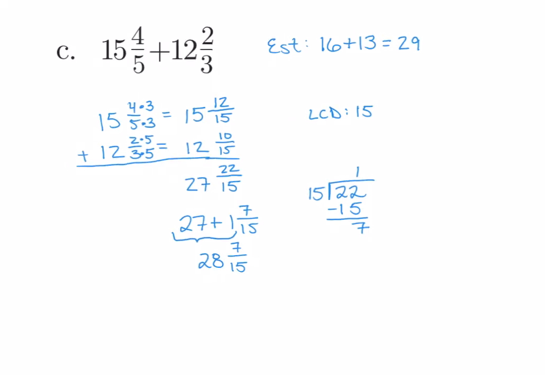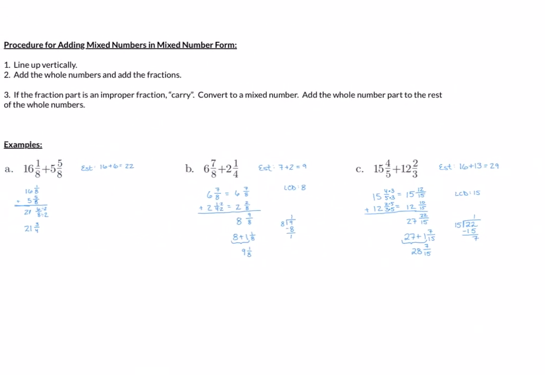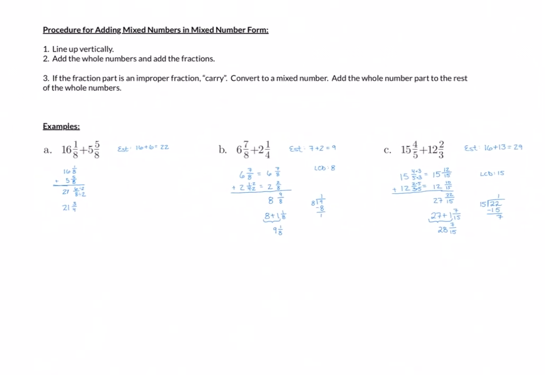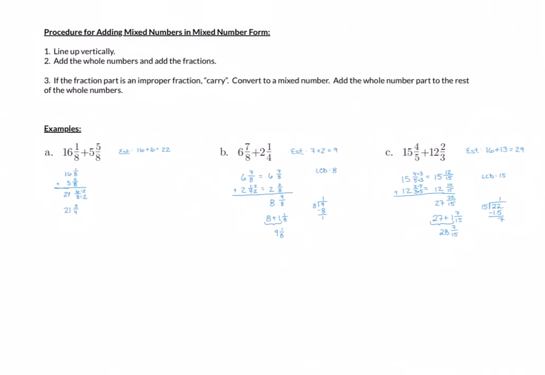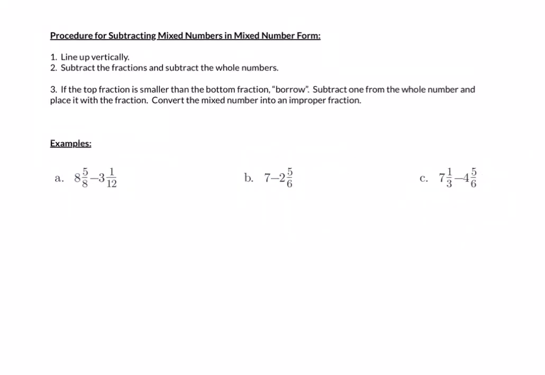All right, so that takes care of our adding, and the next thing we want to do is look at subtracting. So again, we're going to line up vertically. We want to subtract the fractions and subtract the whole numbers.